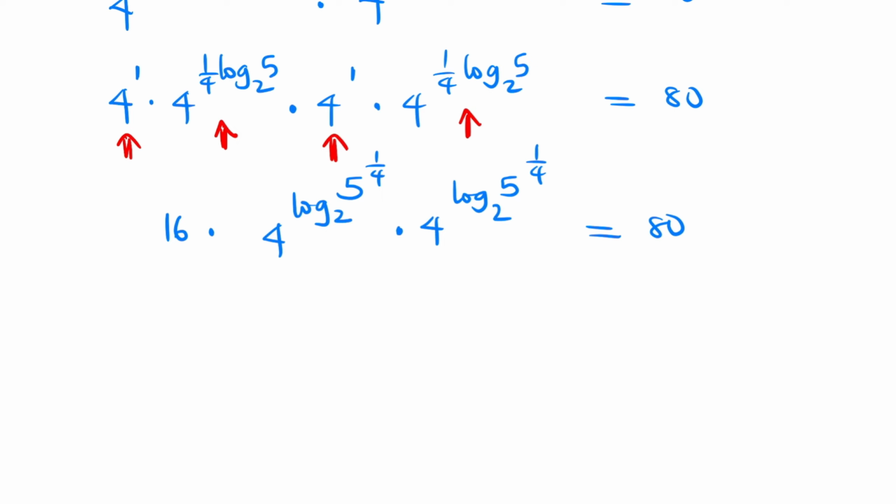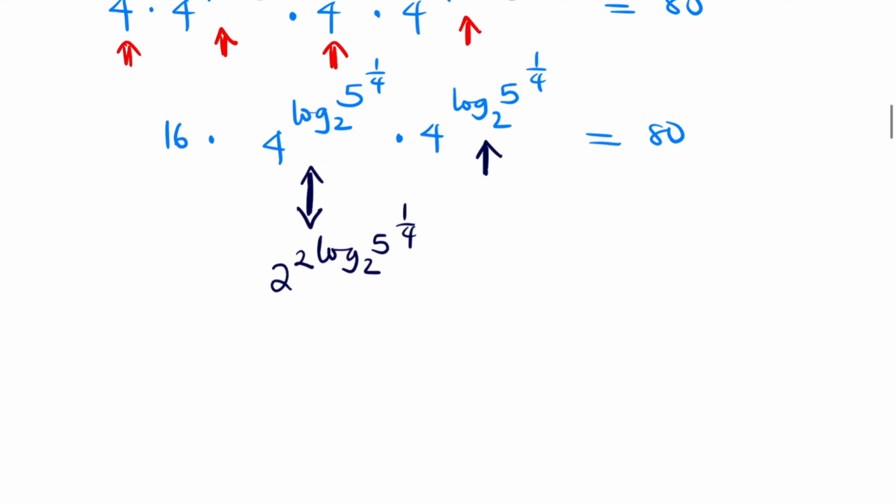We'll need to carefully look at this expression here, and it becomes 2 raised to power 2, because 4 is 2 raised to power 2, so we have 2 raised to power 2 log 5 raised to power 1 over 4 base 2. And the same thing applies to this.